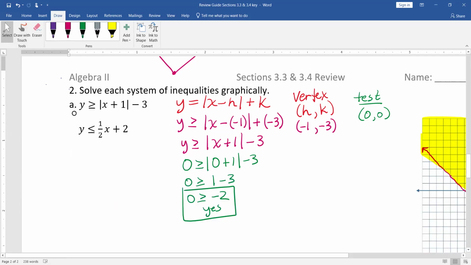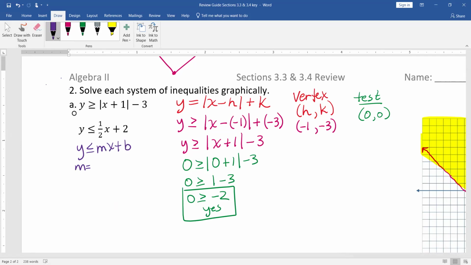This one's already in slope-intercept form. You can think of it as y is less than or equal to mx plus b, and m is your slope. You can also write positive 1/2 as negative 1 over negative 2, because two negatives make a positive. That tells us we're going to go up or down 1 and left or right 2. Remember, the numerator is the change in y.